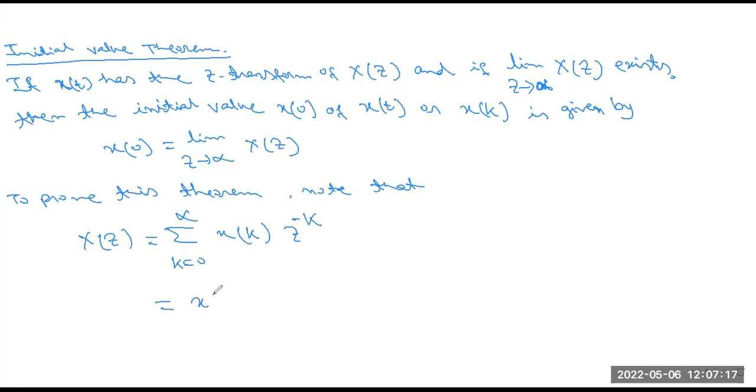First, k equals 0 gives x(0). Then k equals 1 gives x(1) z inverse, plus x(2) z inverse squared, and so on. So this is basically called the initial value here.